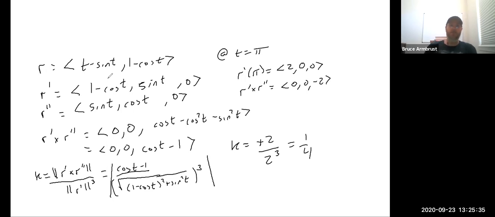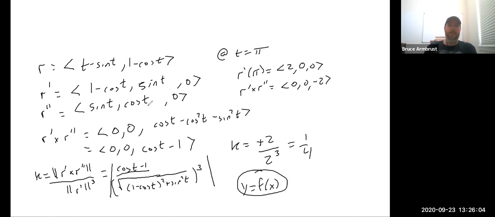I haven't shown it to you yet. That's the first thing we're going to do today. That's how you find curvature if you're given just y equals f of x. Maybe you want to find the curvature of it, but you don't want to bother finding a vector valued function. There is a formula to do that, and that's what Vector put into the chat box.